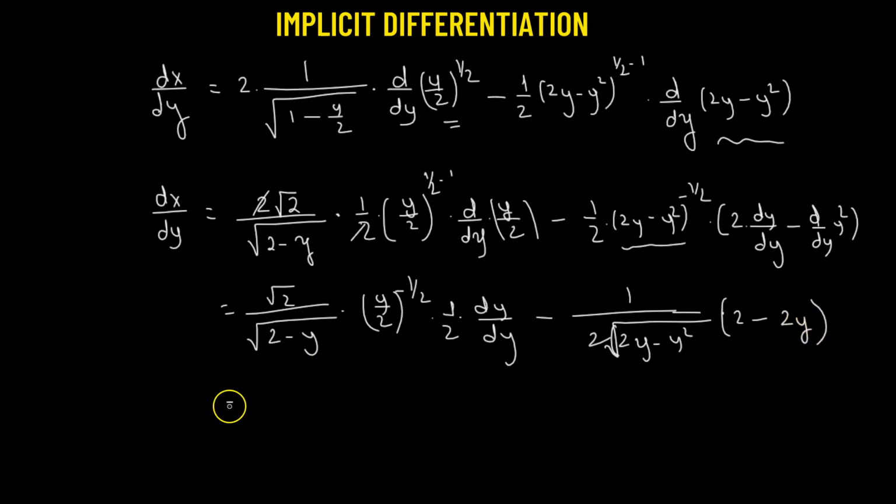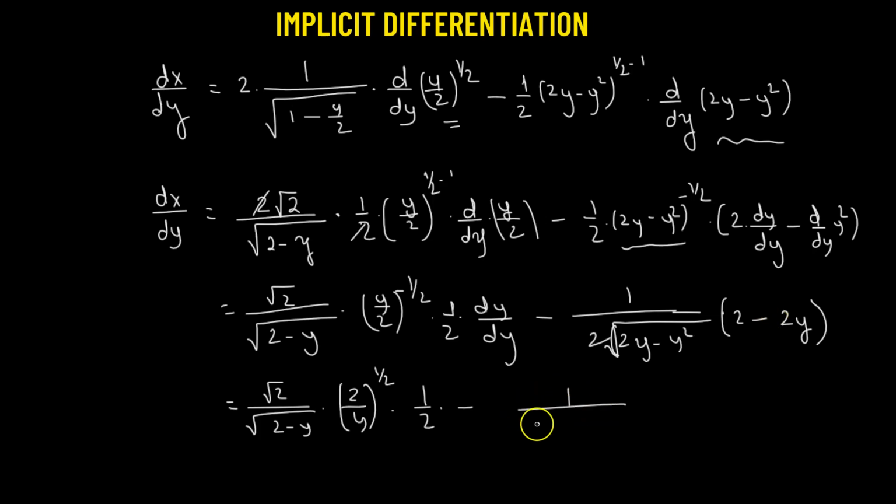Let's further simplify. So we have square root of 2 divided by square root of 2 minus y times, we can take the reciprocal to write it as 2 over y instead of y over 2 raised to the power of negative half. So we have 2 over y raised to the power of positive half multiplied by 1 over 2. The derivative of y with respect to y is simply 1. So we have 1 over 2 times square root of 2y minus y squared multiplied by 2 times 1 minus y.